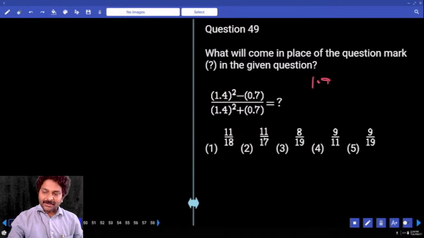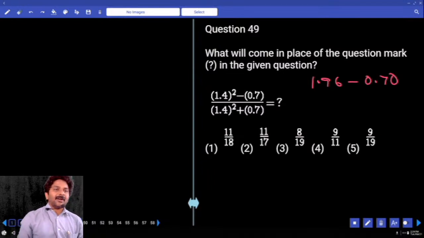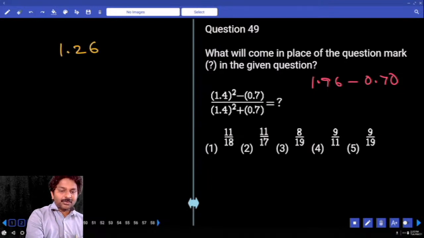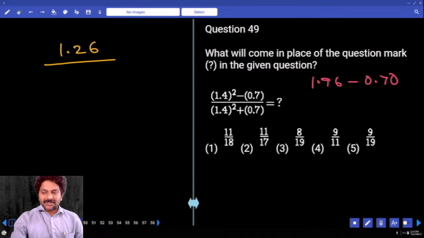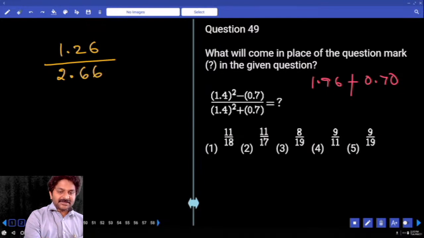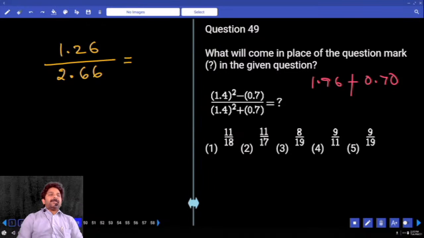Okay, 1.96 minus 0.70. In the denominator exactly we have sum, right? Now 1.96 minus 0.70, 1.26. Denominator we need to add both the numbers. 2.66.